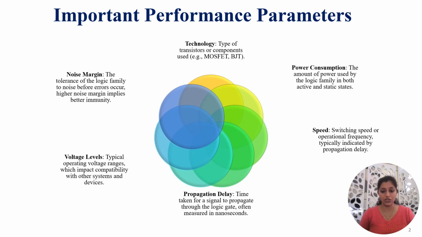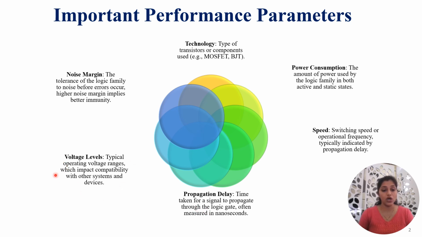Then power dissipation or power consumption: how much power our IC consumes when it is in active state or when it is in static state. Then speed and propagation delay, which is the time taken by a signal to propagate through a logic gate.